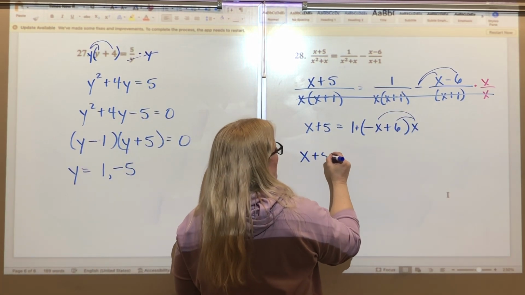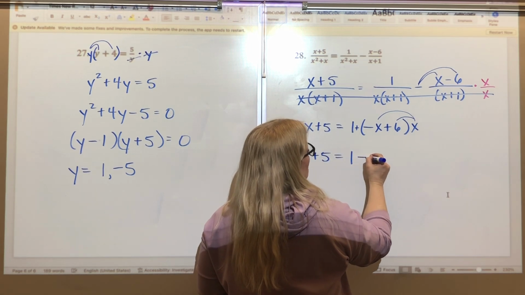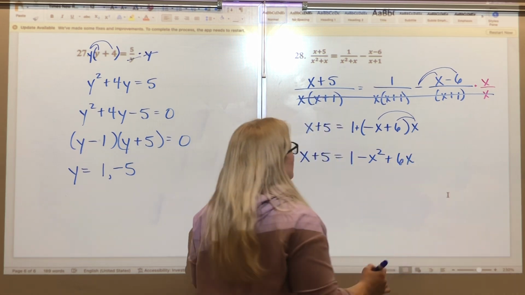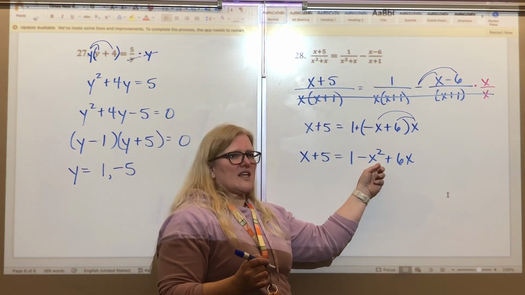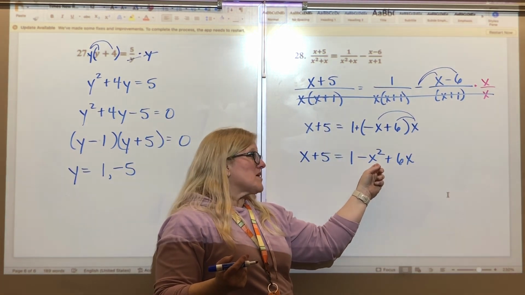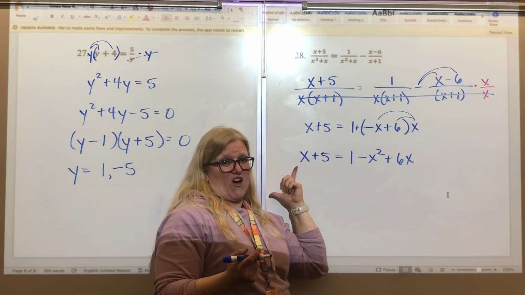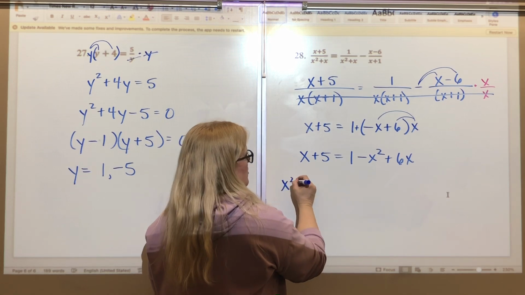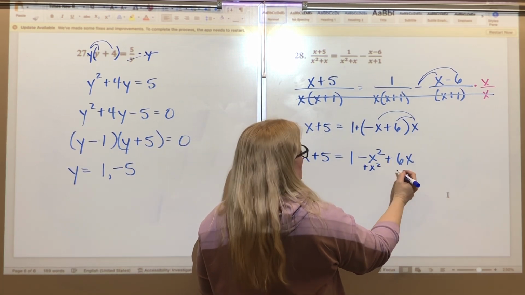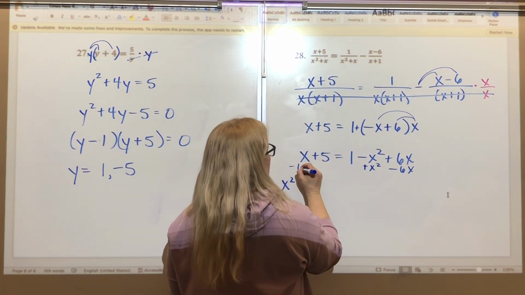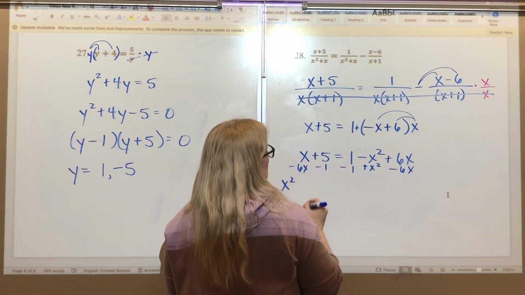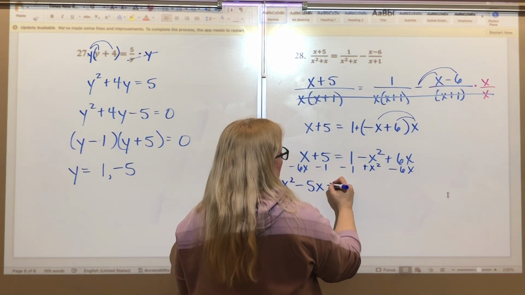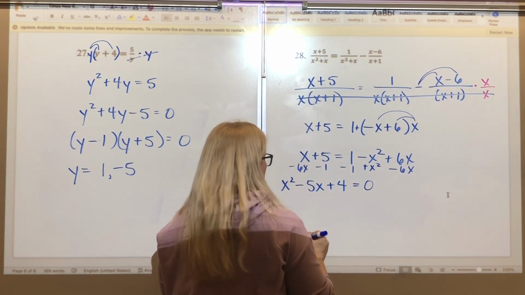So x plus 5 equals 1 minus x squared plus 6x. Now I've said it before, I don't like negative x squares, so I'm going to move all three of these over. So I add x squared to both sides. I'm going to subtract 6x, and I'm going to subtract 1. So I get x squared minus 5x plus 4 equals 0.